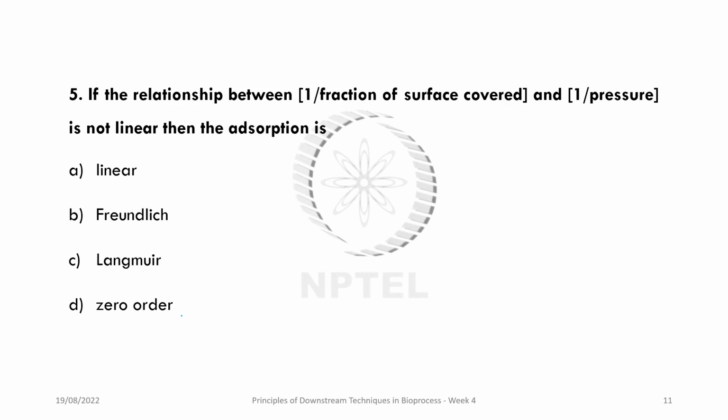Take a minute. So zero order is when it's a constant and independent of anything. What might the answer be? Immediately they've told you that it's not linear, so obviously it's not going to be linear. Is it Freundlich, Langmuir, or zero order?